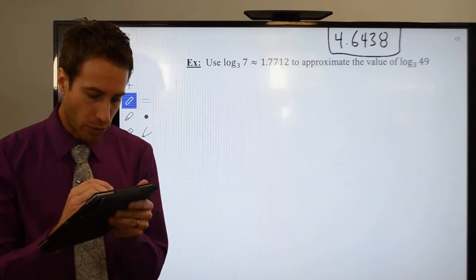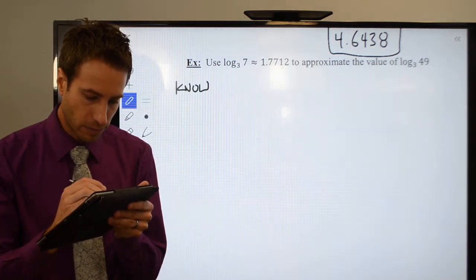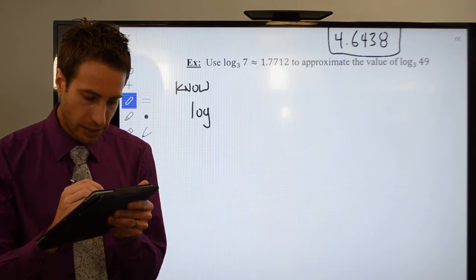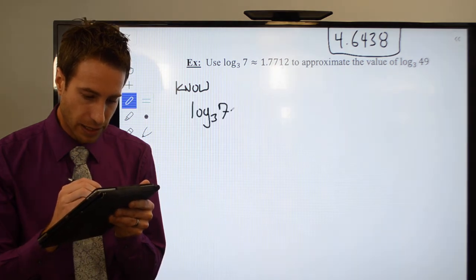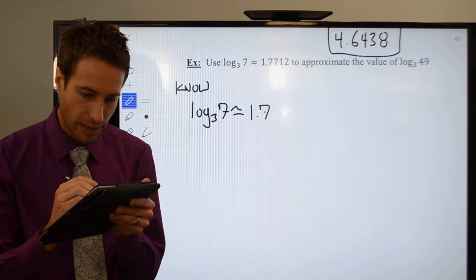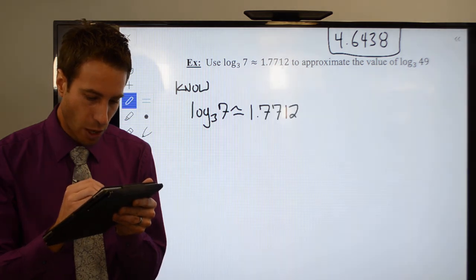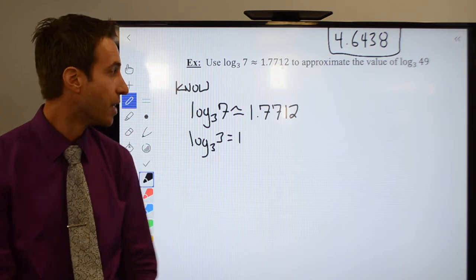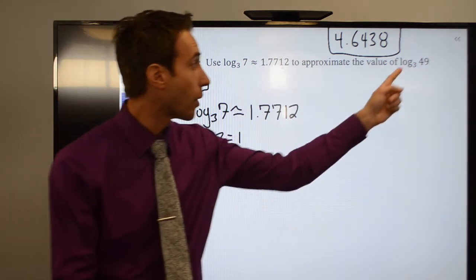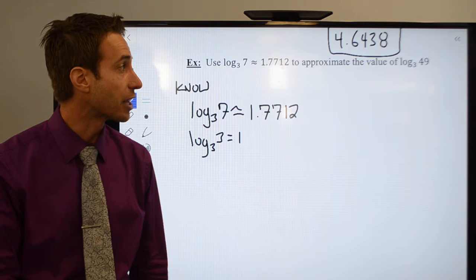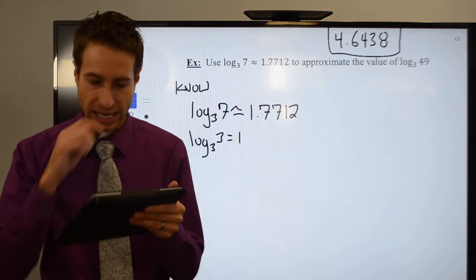Quickly write down what you know. I know that log base 3 of 7 is approximately 1.7712, which means then that log base 3 of 3 is going to be 1. Using that information, we're going to approximate the value of log base 3 of 49.